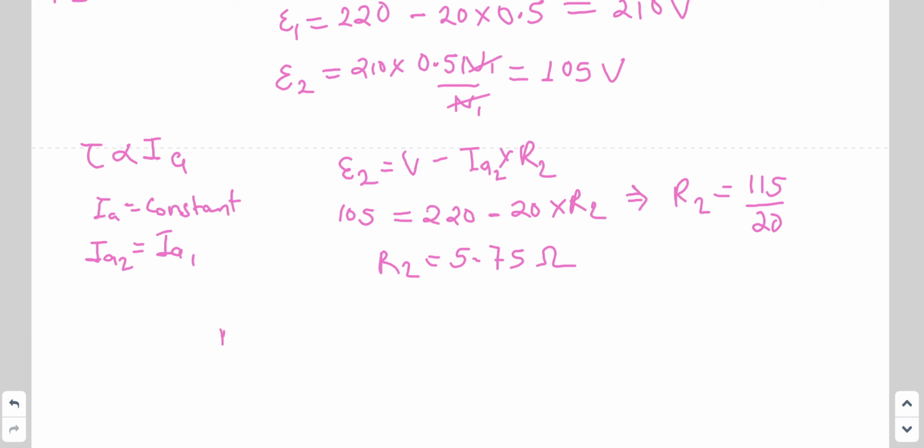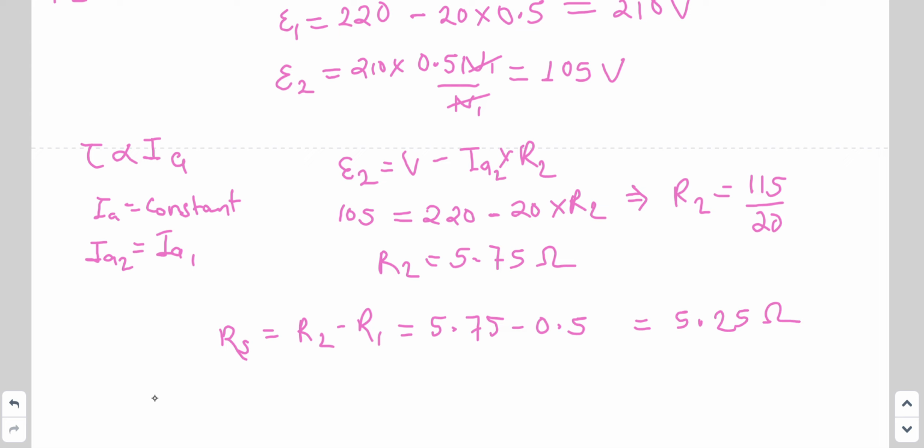So what is the extra resistance connected? So R which is connected in series with the R1 is R2 minus R1. So R2 is 5.75 minus R1 was 0.5 ohm. So it will be 5.25 ohm.